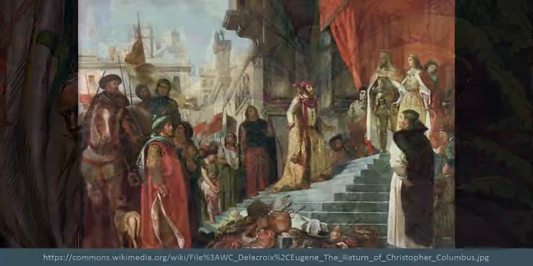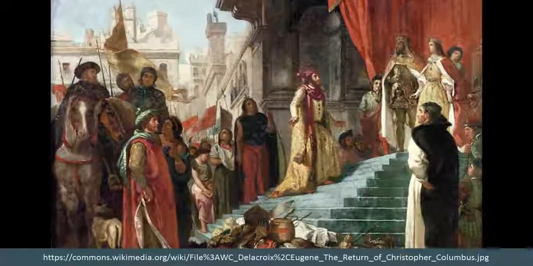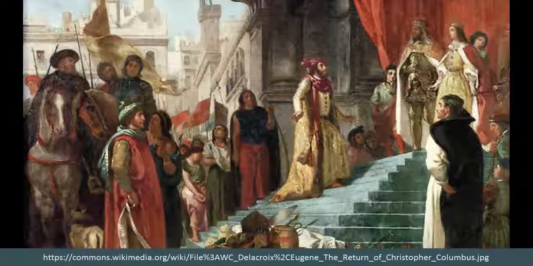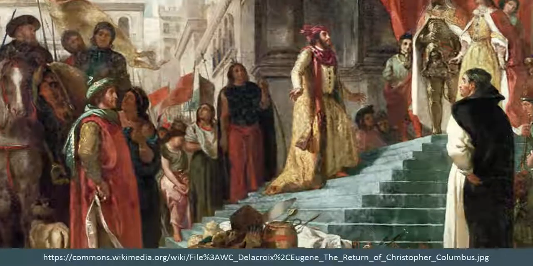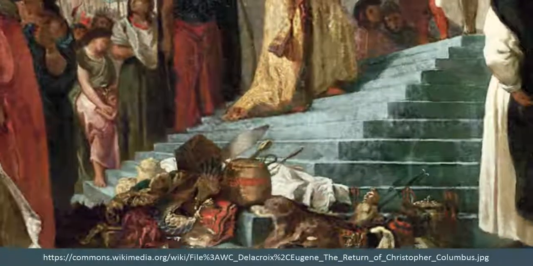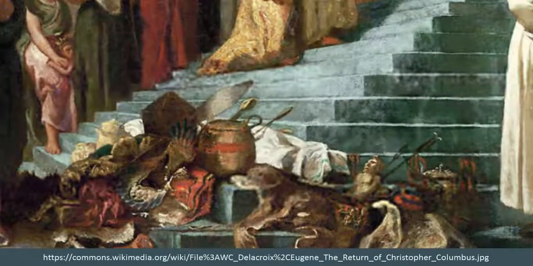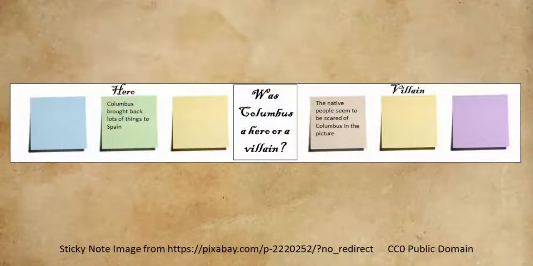Or students may analyze this image, The Return of Columbus, and suggest that Columbus was a hero because he brought back many items to Spain, which was a primary goal of his voyage. This piece of information would be added to the hero side of the organizer. It is important to remember that students can collect multiple pieces of evidence from a single image or document.